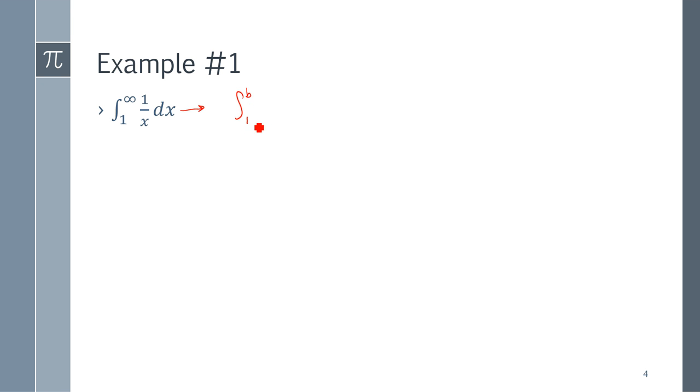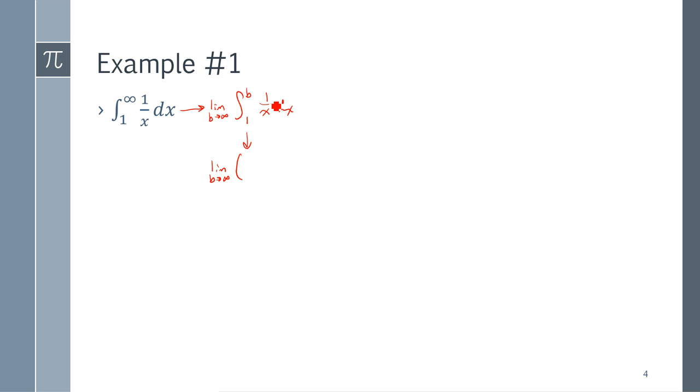Like I said, I like to use a's and b's because I'm used to that with my bounds. This is an integral I can actually evaluate because now it is a definite integral. And then I'll do the limit as b approaches infinity.